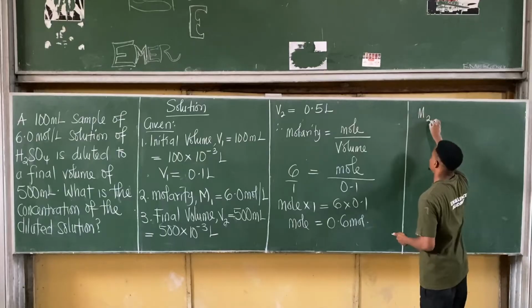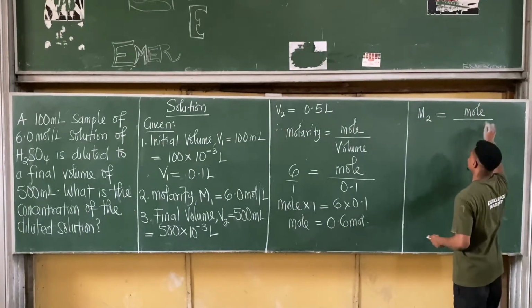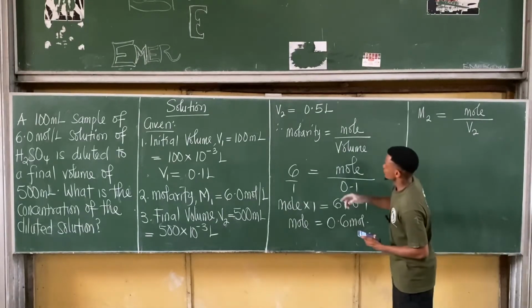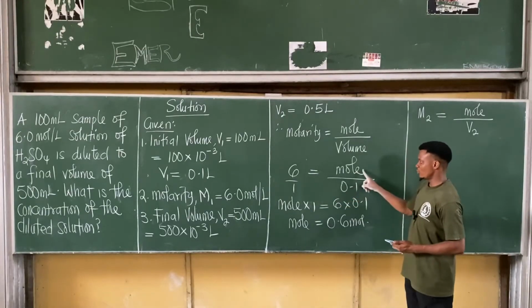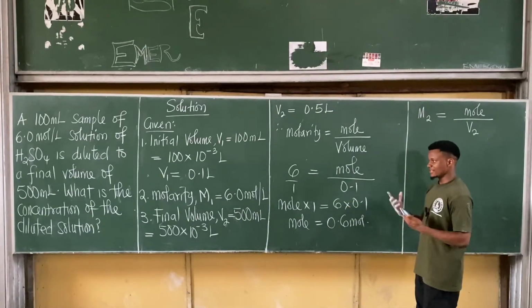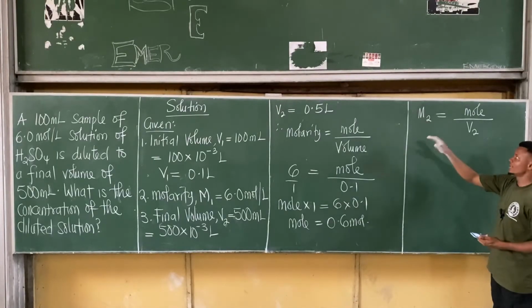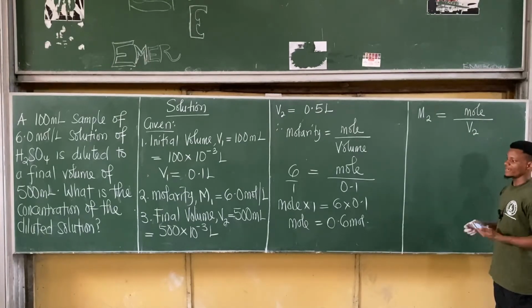Final molarity M2 is equal to the mole all over the final volume, that's V2. Just as initial molarity is equal to mole all over initial volume, in the same case, final molarity M2, which is what we are asked to find, is equal to that same mole all over V2, which is the final volume.